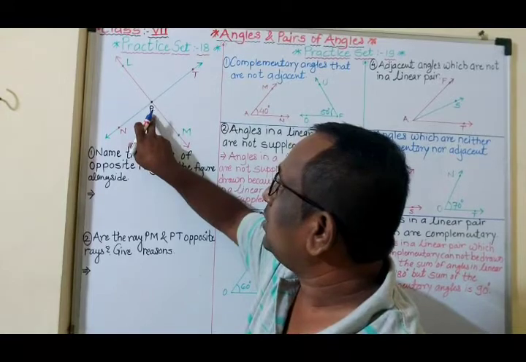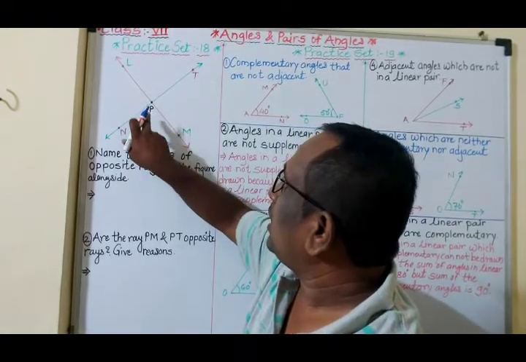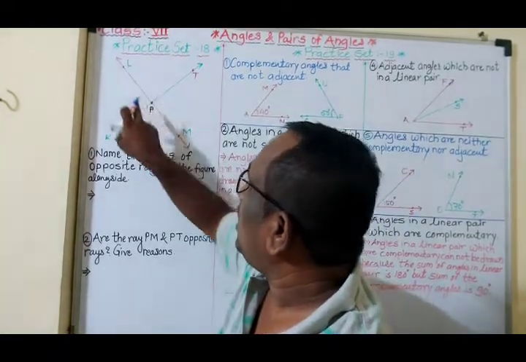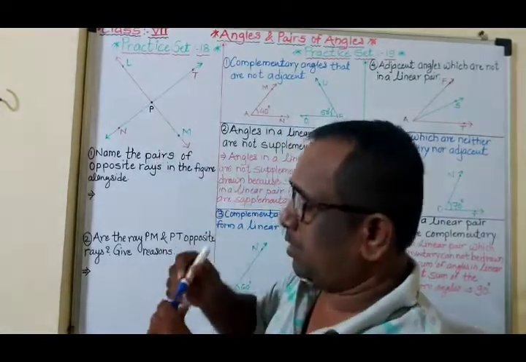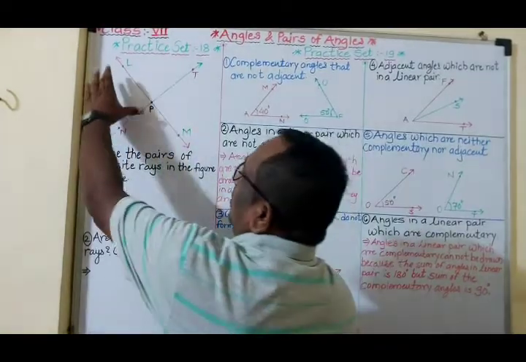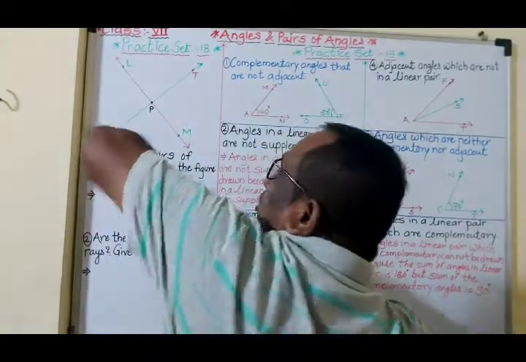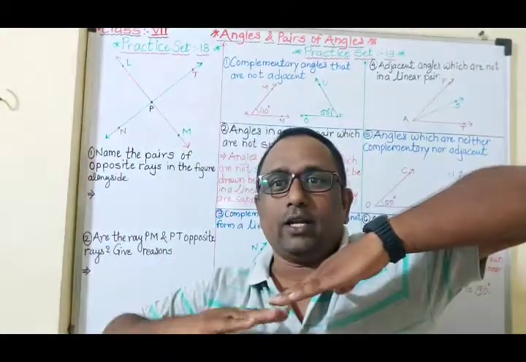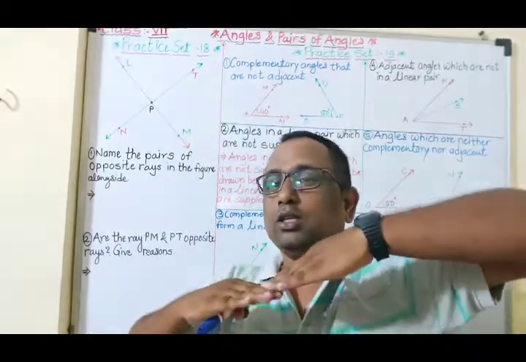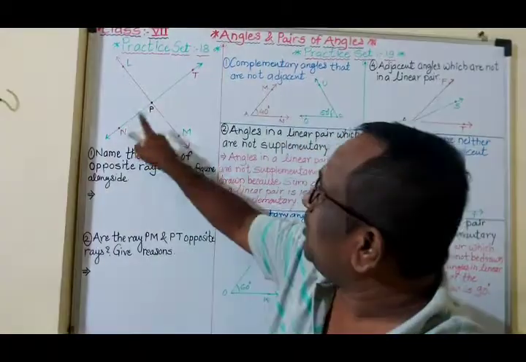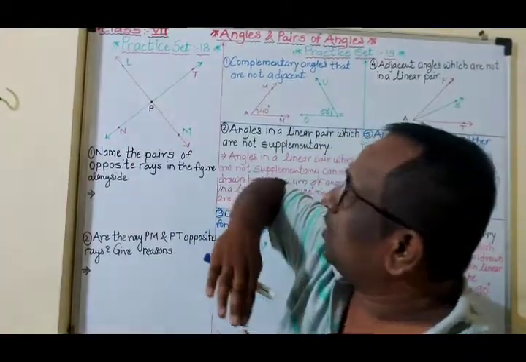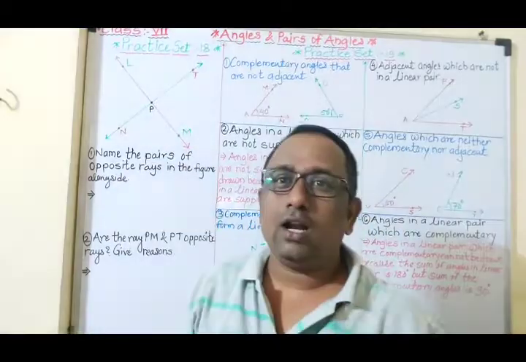Which letter is the origin? From that you have to write the name. Like here, ray PL and ray PM. P from here, PL and PM. These are opposite rays. Same here, PN and PT are opposite rays.